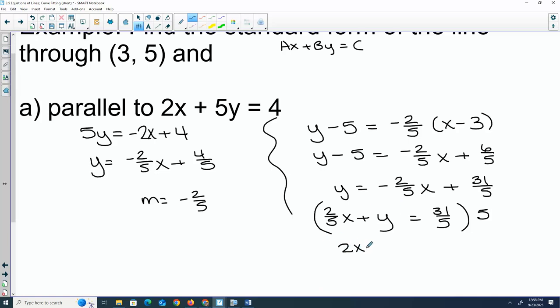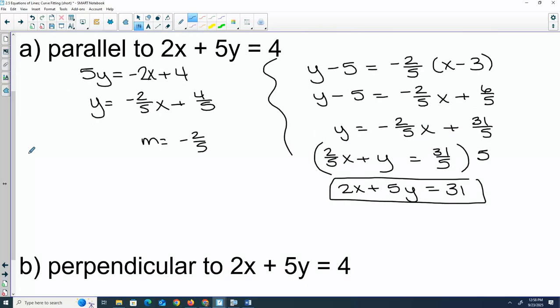So that would give me 2x plus 5y equals 31. So you just distribute that to every term, so all the fractions are eliminated. And again, the only reason I had to do that is because I specifically said give me the standard form. Is that one okay?